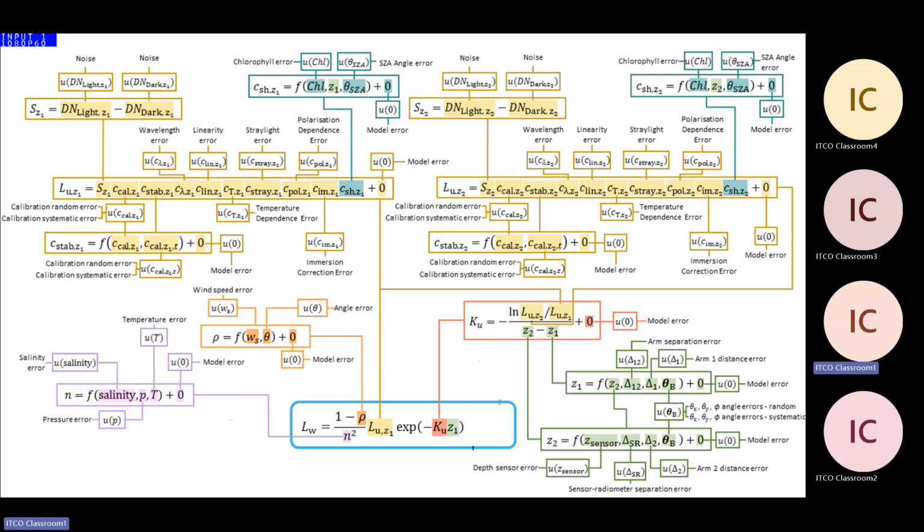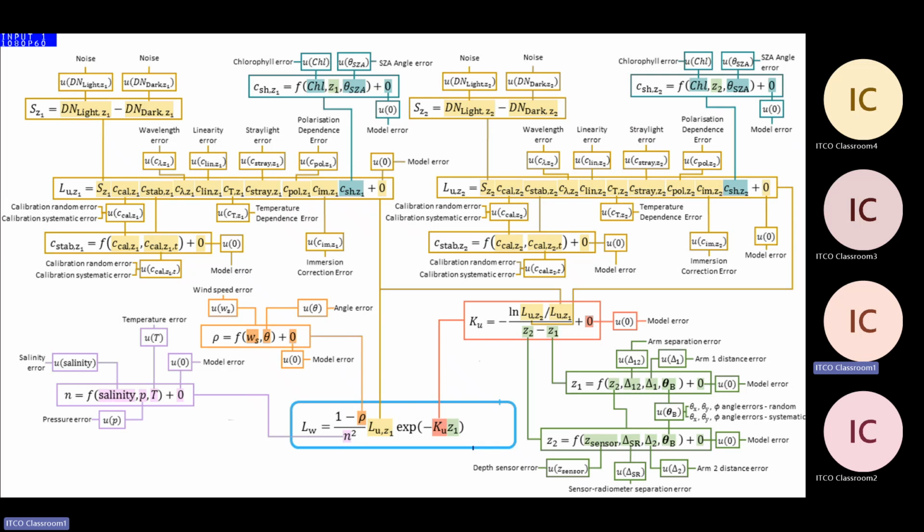Okay, let's be a bit more positive. Many of them might be extremely small. It's fine, but it's not only the uncertainty on any given parameter you have in this complicated graph, but what we call the sensitivity coefficient associated to it.